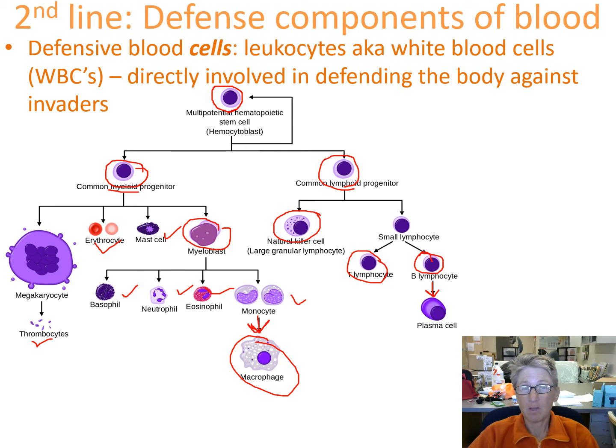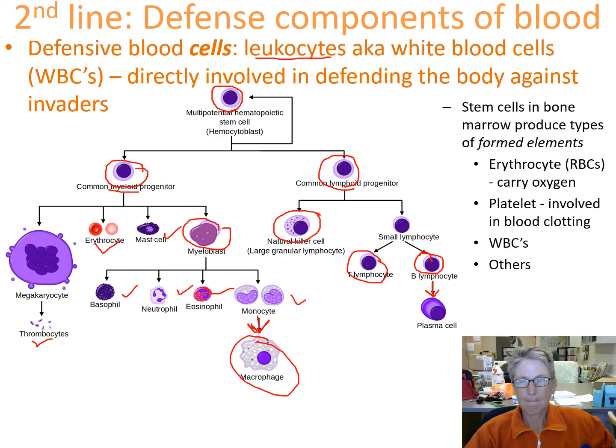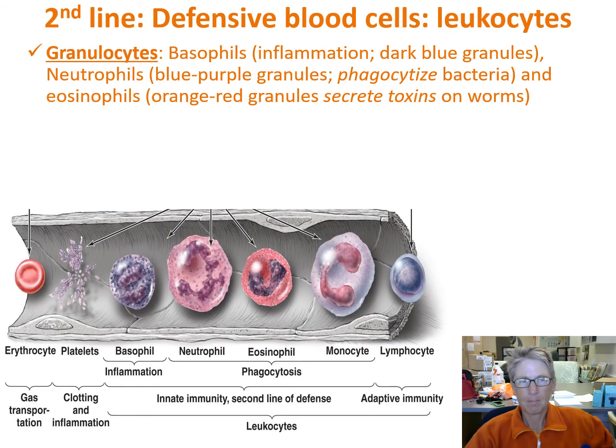Defensive blood cells include the leukocytes, those are the white blood cells. They are directly involved in defending the body against invaders. The leukocytes can be divided up into the granulocytes and agranulocytes. The granulocytes have granules in them. For example, let's look at this cartoon of the basophil. You can see that they have those dark blue granules.